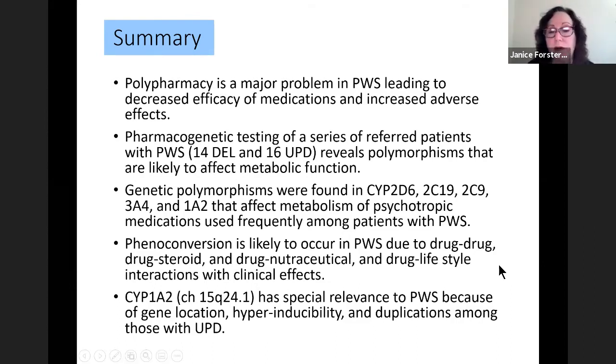Phenoconversion is likely to occur in PWS due to drug-drug, drug-steroid, drug-nutraceutical, and drug-lifestyle interactions with clinically significant effects. And cytochrome 1A2 has special relevance to PWS because of its gene location, hyperinducibility, and duplications among those with UPD.